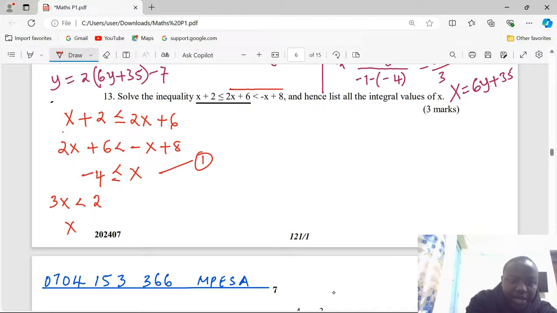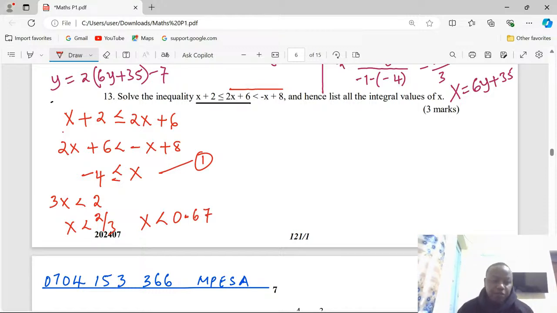So the value of x equals 2 out of 3. Sorry, this is an inequality, less than 2 over 3, which can be said to be x less than 0.6666, and it can be rounded off to 2 decimal places.